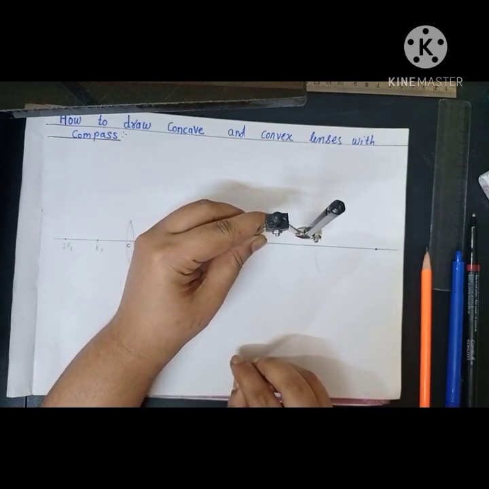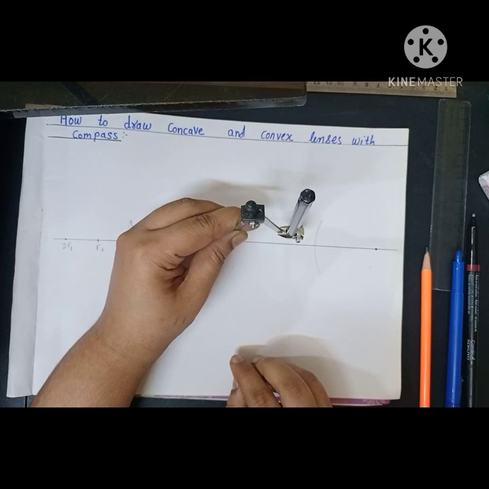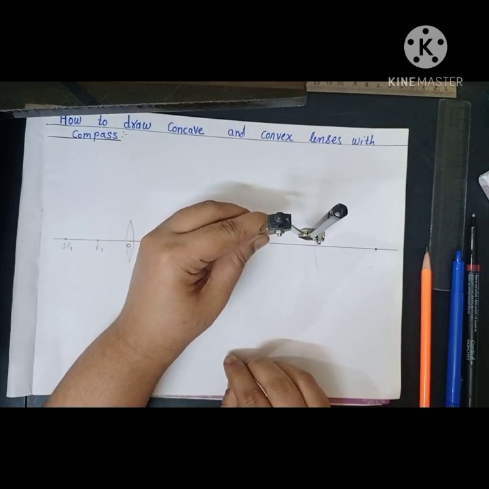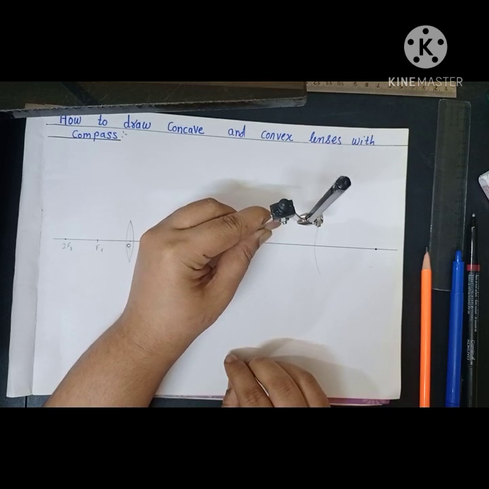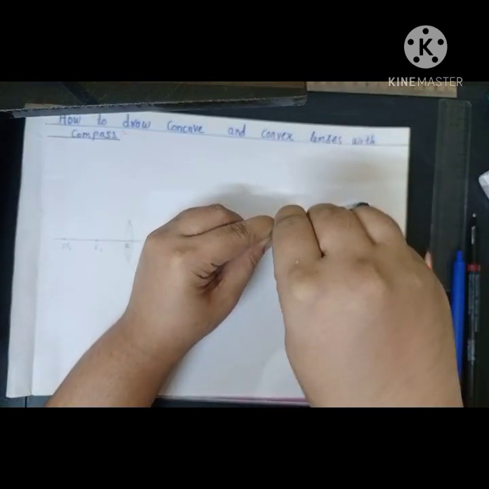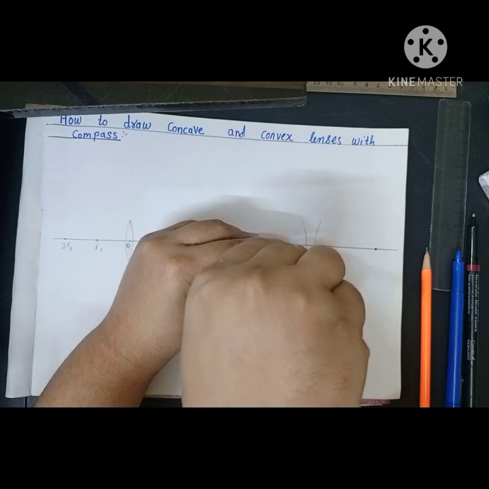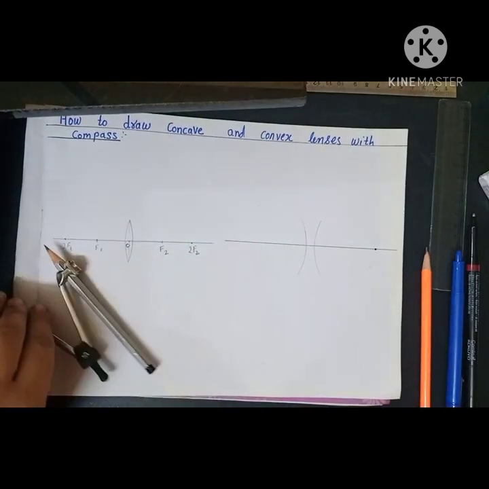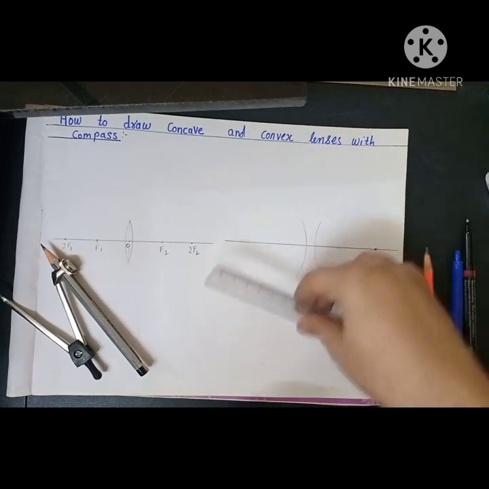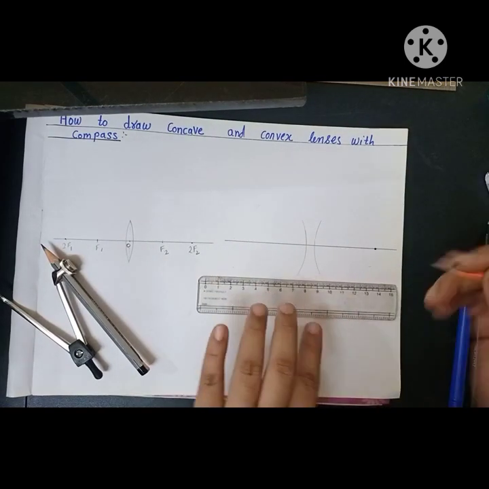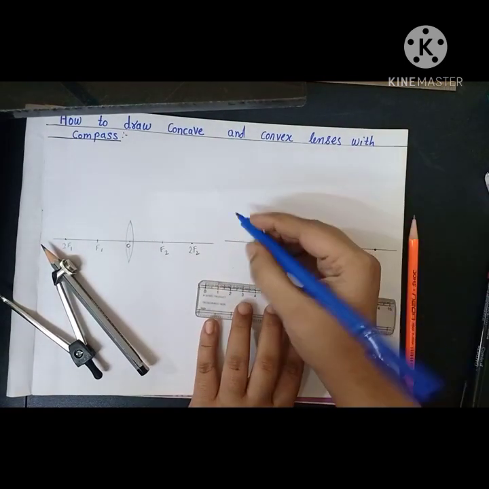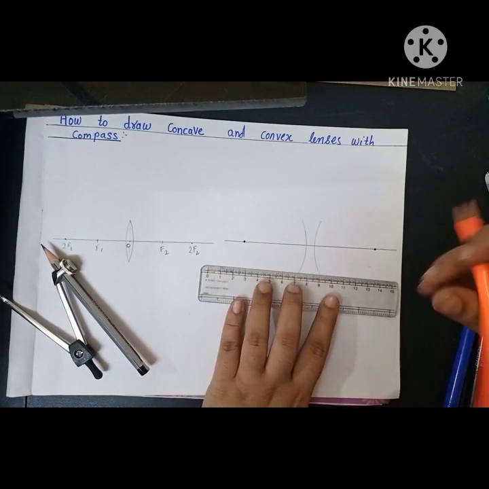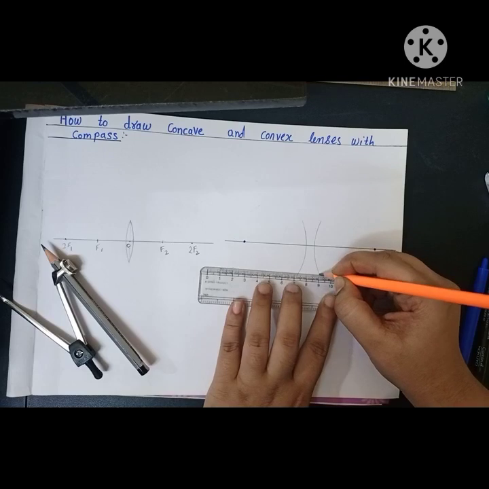If you want to draw thick lens, keep the compass far away. If you want to draw thin lens, keep the compass closer to the arc. Now with the help of pencil, mark and keep the point and draw the lens.